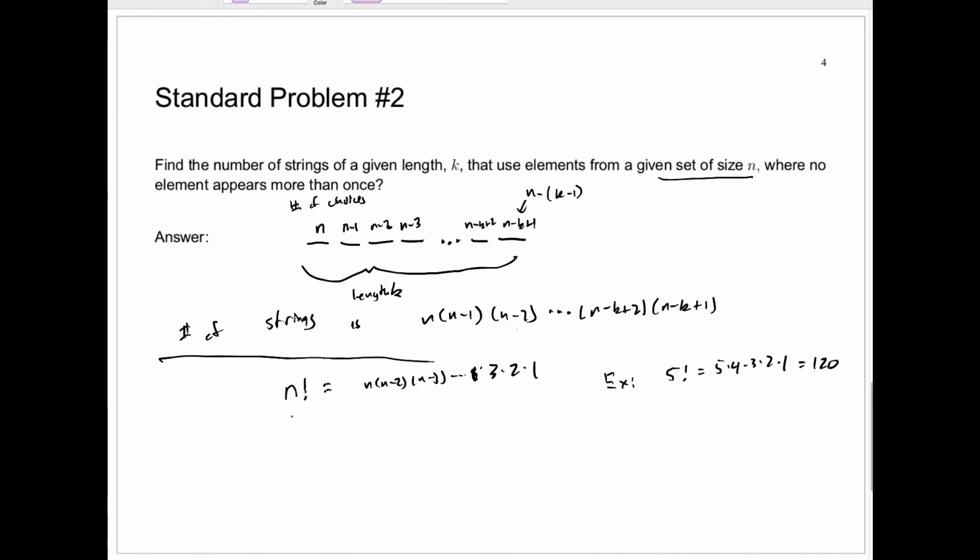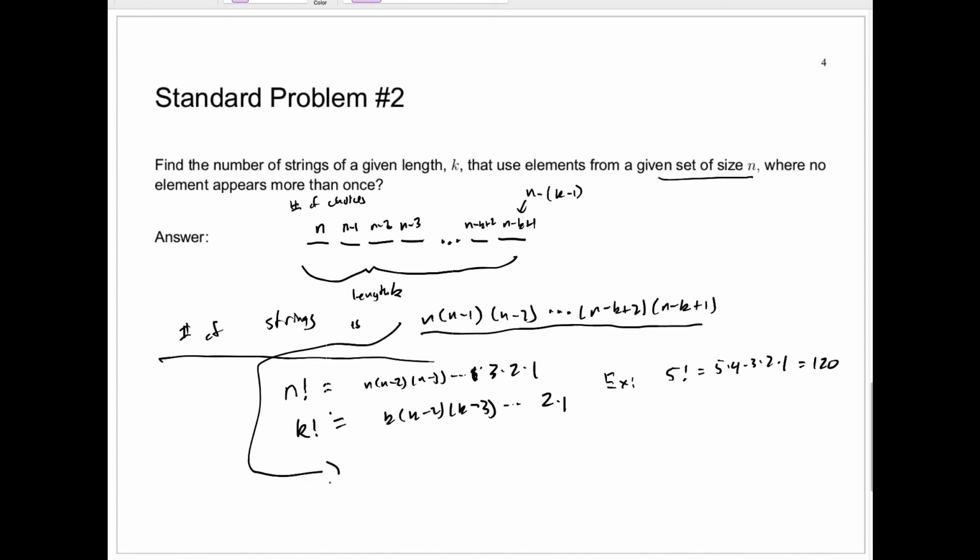Now, of course, another way to write n factorial, let me write it like this. K factorial is just k times k minus 1 times k minus 2, all the way up to, I'll just write 2 times 1 there. This number here that we have, which is the answer to standard problem 2, I'll write here, that's equal to n times n minus 1 times n minus 2, all the way to n minus k plus 2 times n minus k plus 1.